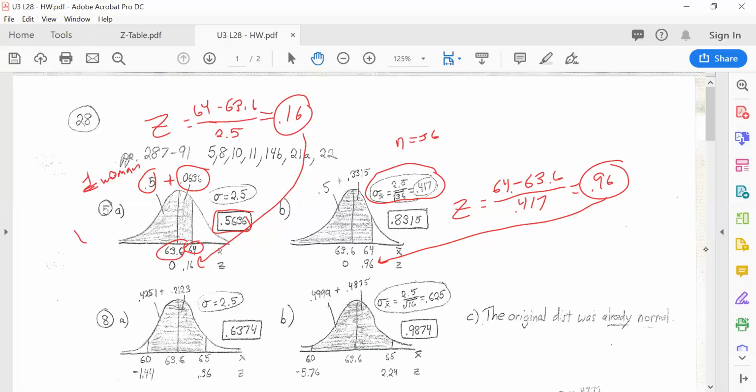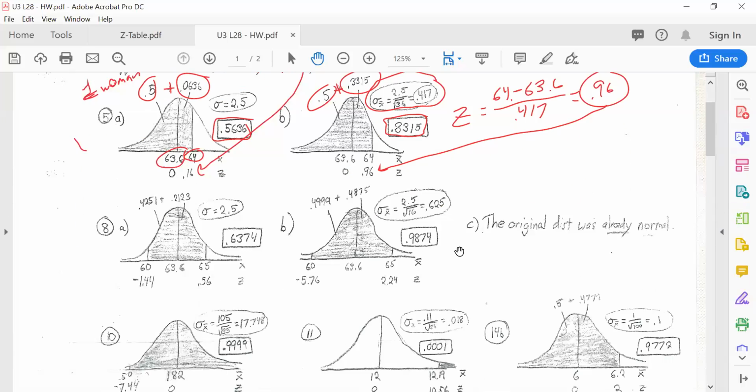And same thing here. A z-score of 0.96 gives me an area of 0.3315. Add that to 0.5, and I get my area of 0.8315. So, same question. The difference is sampling one person versus sampling greater than 30 people. That's when the central limit theorem kicks in.